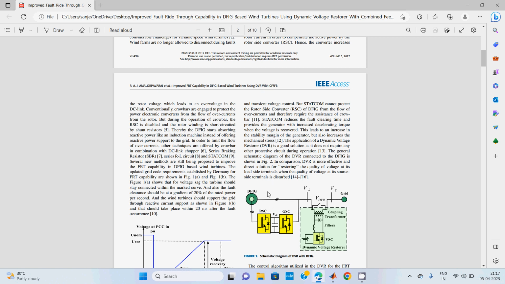In between the grid side and the wind farm, I am creating an IEEE 33 bus, and I integrate this model at one bus terminal, the 17th terminal. And then by use of the DVR, I can eliminate any type of fault by injecting voltage with the help of the DVR itself. So these are the advantages of the proposed method.